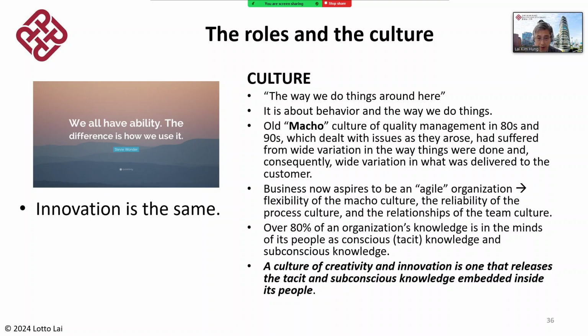However, businesses now aspire to be emergent organizations, which are more flexible than the macro cultures. 18% of organizations say knowledge in the minds of the people is tacit knowledge, subconscious knowledge. However, a culture of creativity and innovation is the one that can release this tacit and subconscious knowledge inside the people. So innovation is the same.